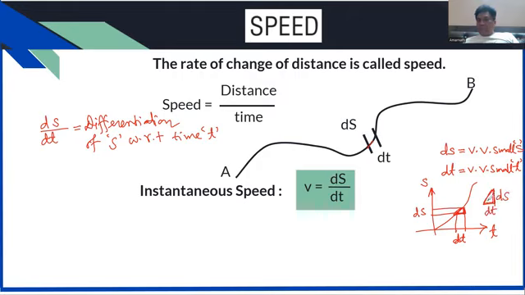So ds by dt is nothing but tan theta. This is also called the slope of the s versus t graph.